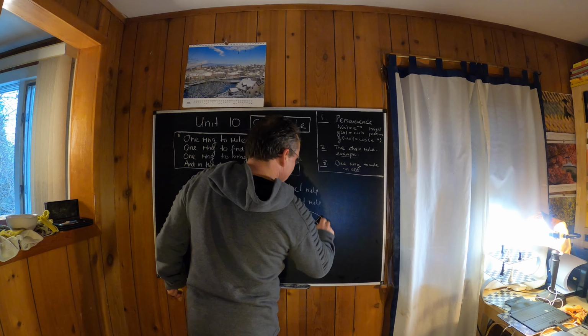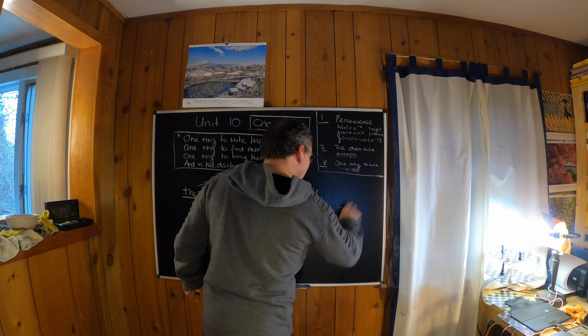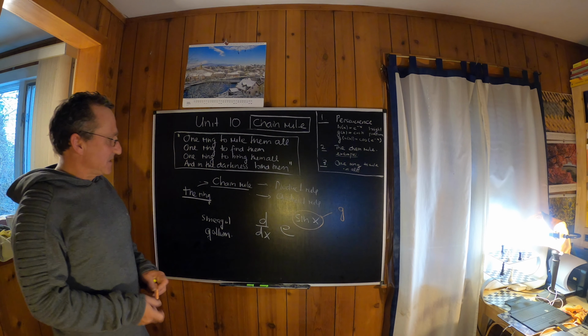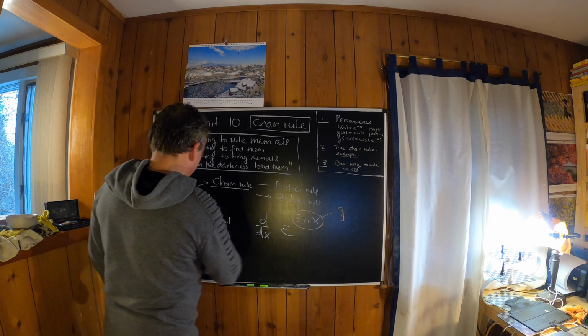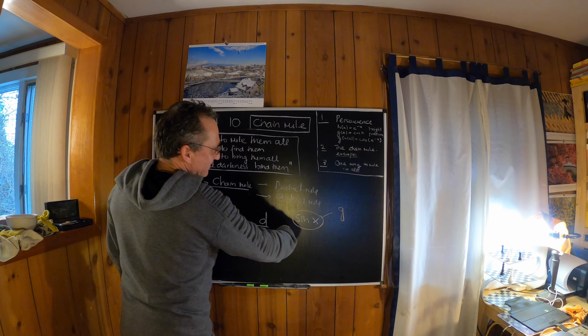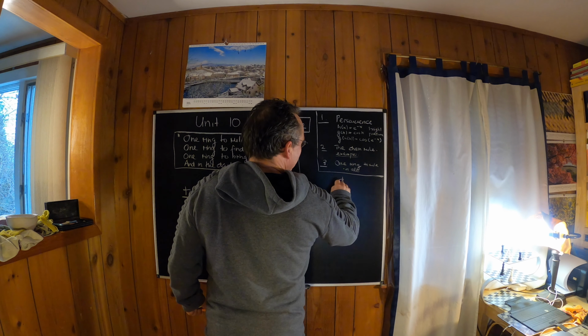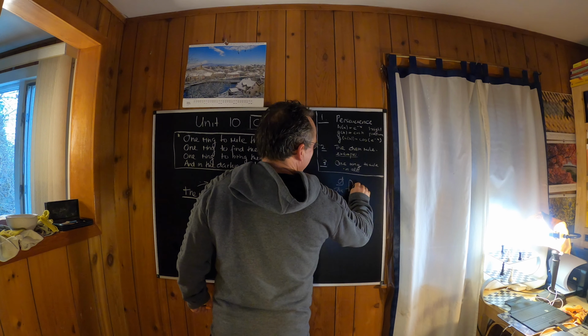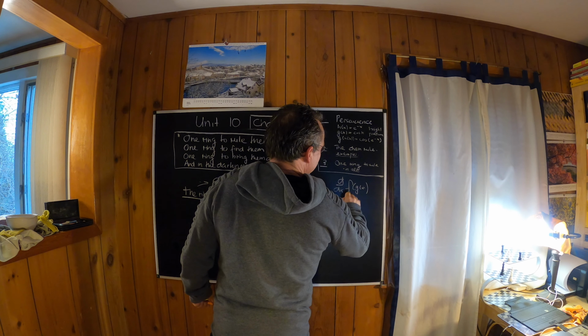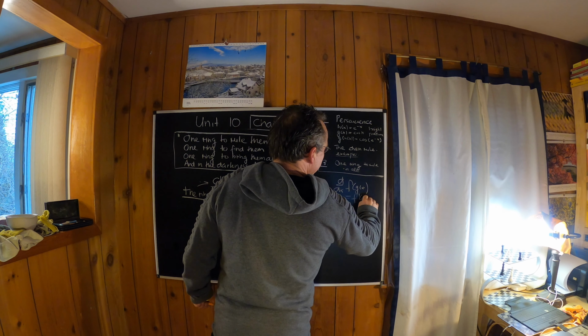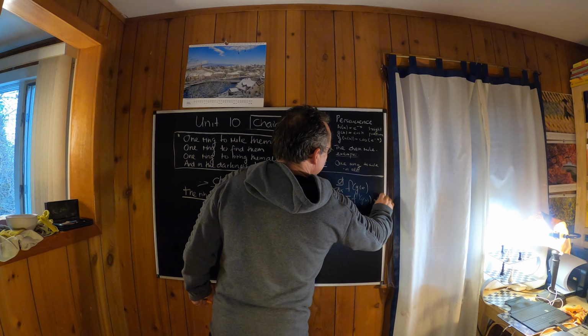So let's call it g for Gollum, right? So this is f of g. So d over dx of f of g of x is f prime g of x times g prime of x.